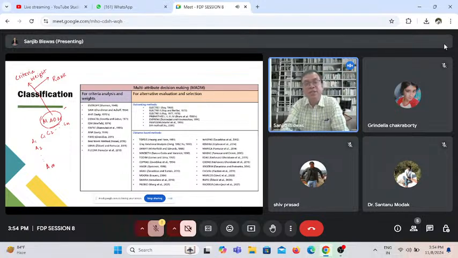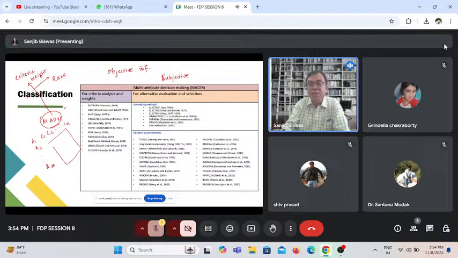Now, if you look at the criteria weight, there are many methods available. This decision matrix can be formed by two types of information: objective information and subjective information.